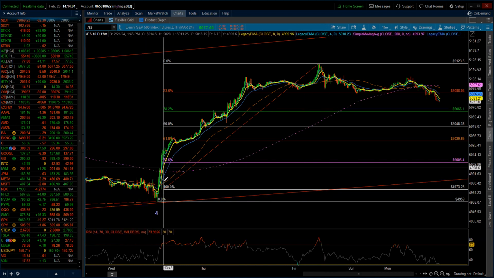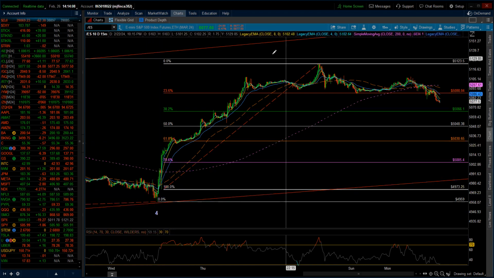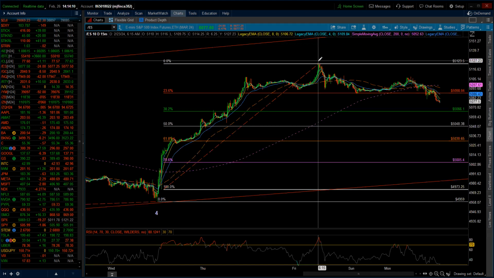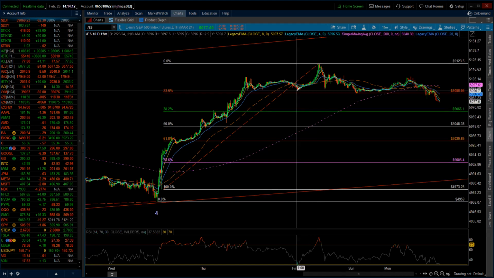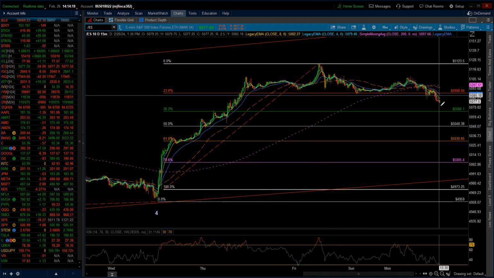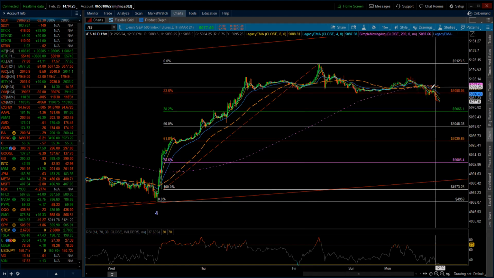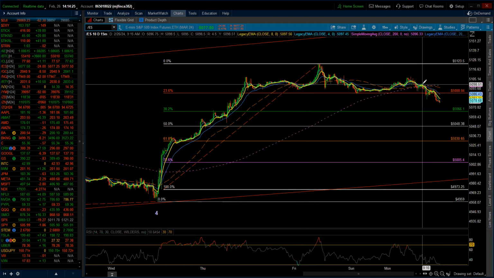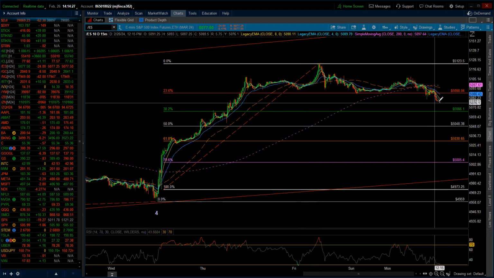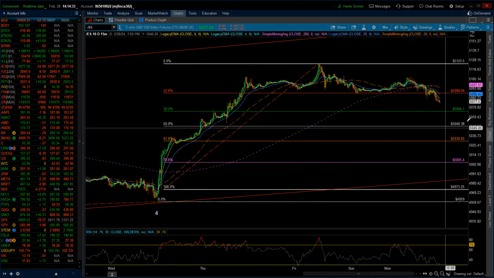I could say 1, 2, which may not make a lot of sense to some people, but 1, 2, 3, 4, 5. And that would then be labeled wave A, and this being B, and we're drifting lower in a C wave, which could technically still be 1, 2, 1, 2, and then we get a third, 4 and a 5 of 3, and then a 4 and a 5, and we end up down into here.